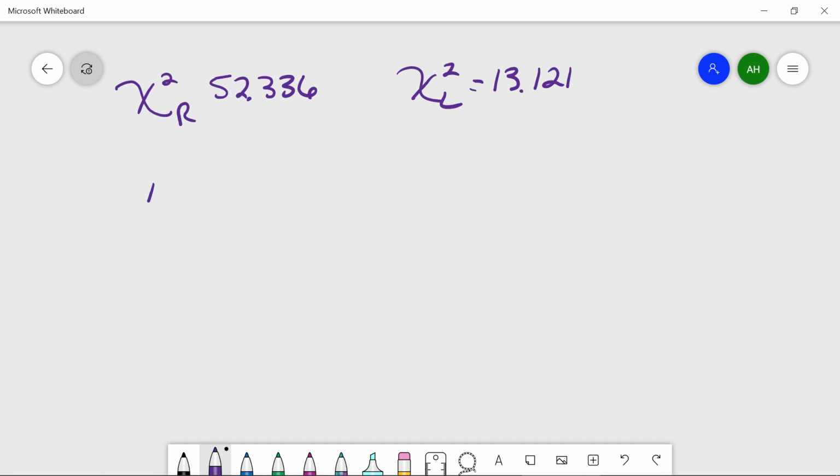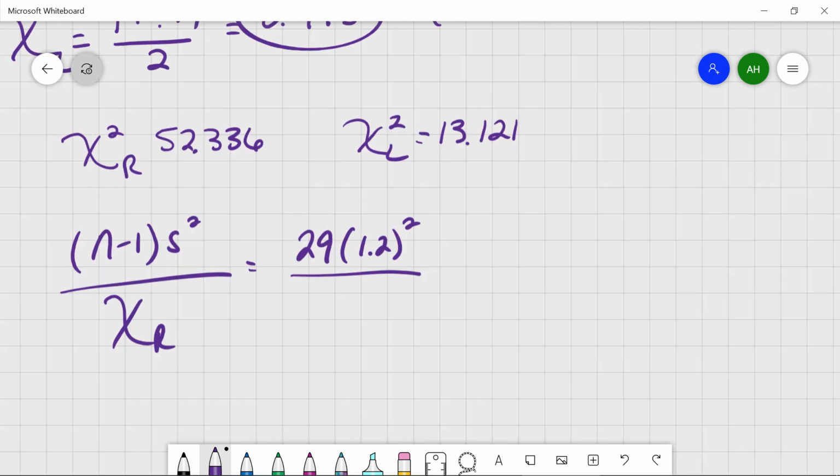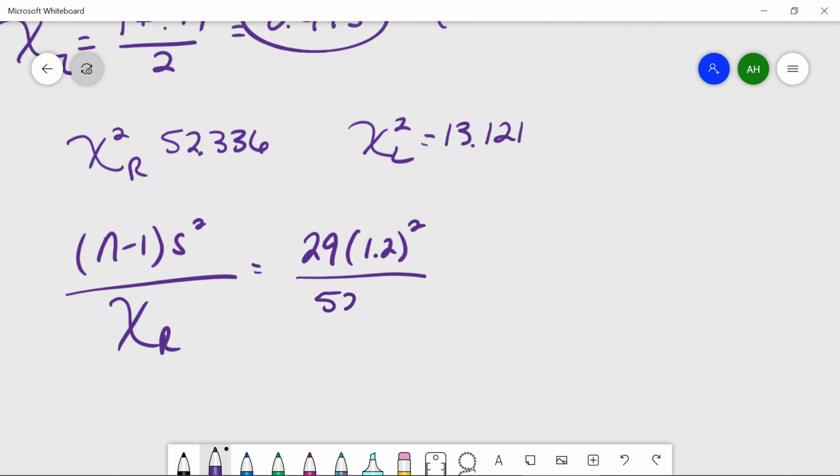Remember I had the n minus 1 times the s squared over my right chi. So 30 minus 1 is going to give me 29, that's my degree of freedom, times the 1.2 sample standard deviation squared, divided by my right chi, which is 52.336. That's going to give me about 0.8.